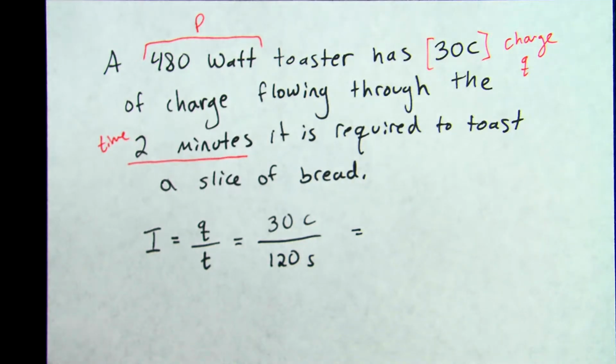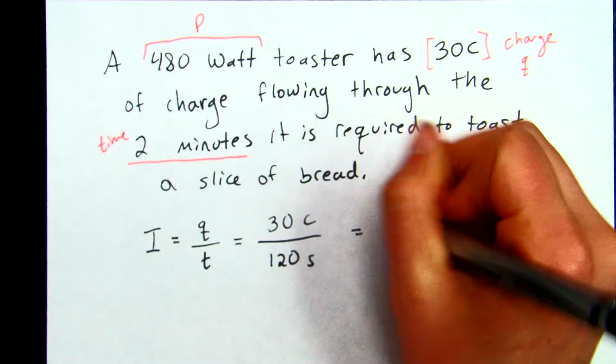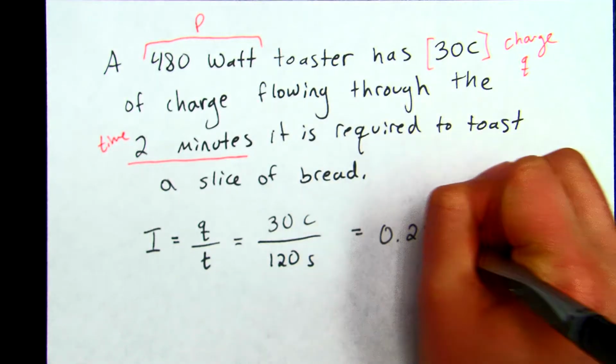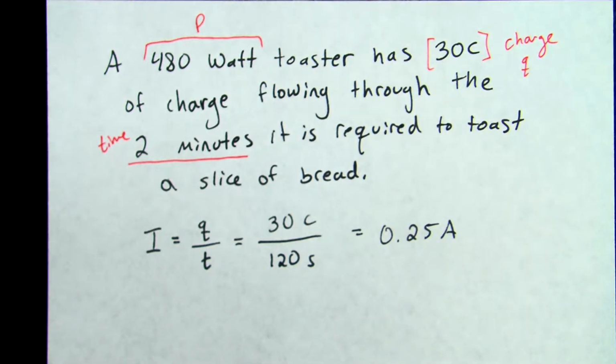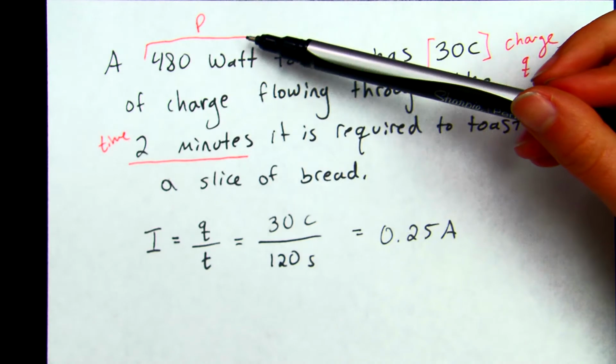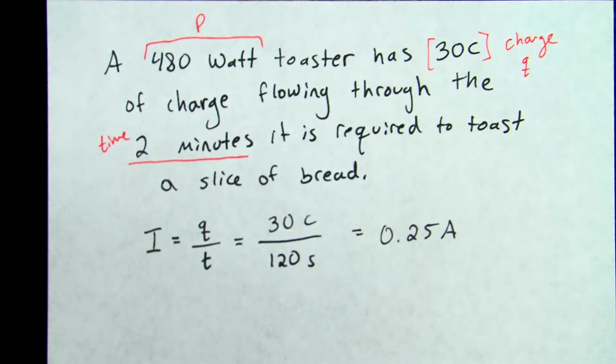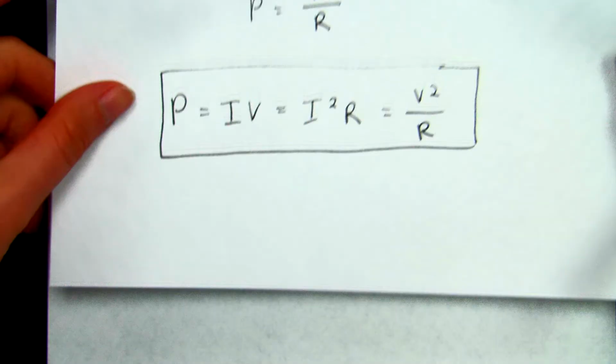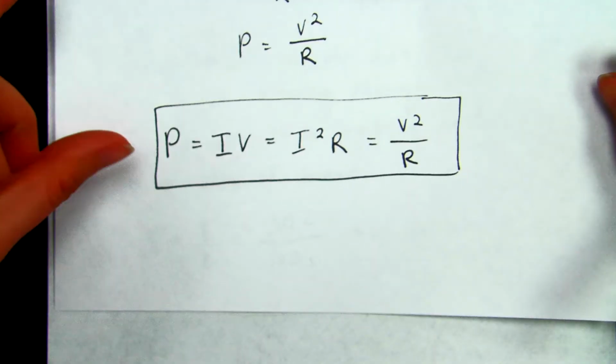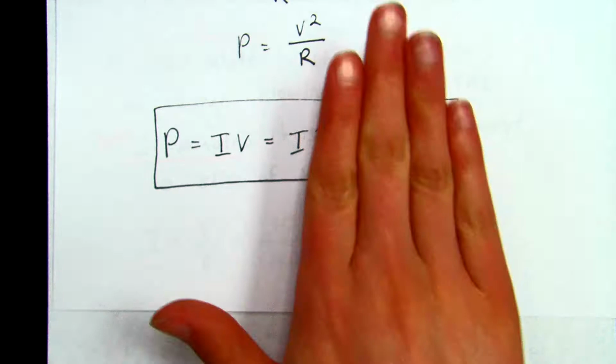So our current should be 0.25 amps. And after you find your current, we can then go back and look at our power. So we know we've got power of 480 and a current of 0.25 amps. And so if we go back and look at what we just did, we're going to take this one step at a time.